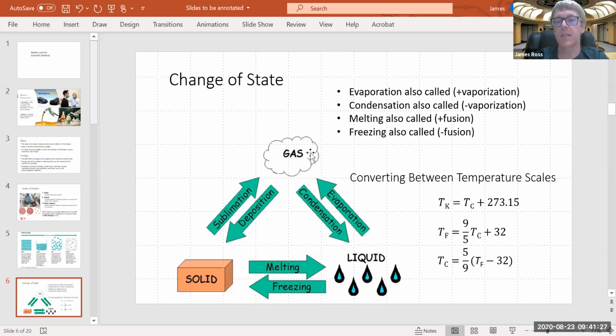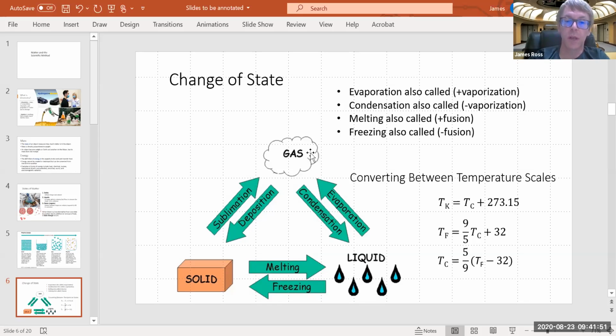So melting and freezing occur at a certain point. So essentially the melting point temperature and the freezing point temperature would be the same. So for example, temperature notwithstanding, the melting and freezing points are at the same temperature, just going in different directions.